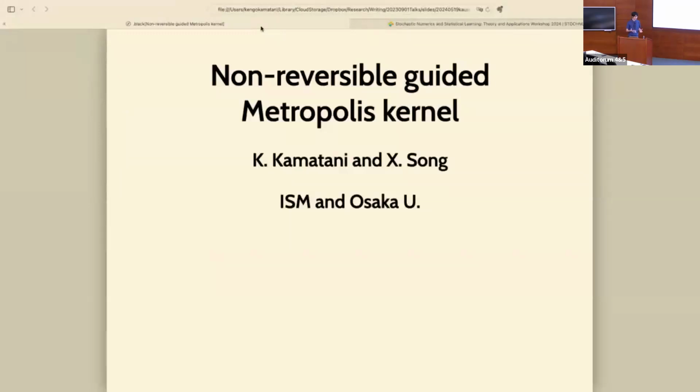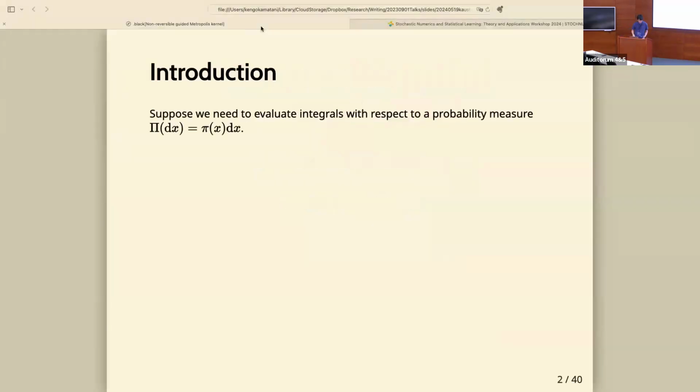Non-reversible MCMC is not new, but there are not so many practical non-reversible MCMCs in Bayesian statistics. So in this talk, we think about a framework to construct non-reversible MCMCs. Let's get started.